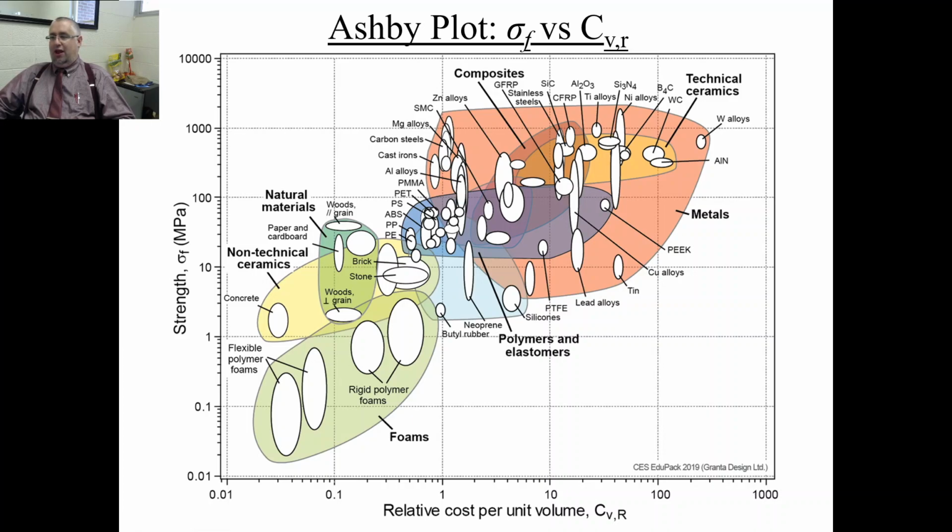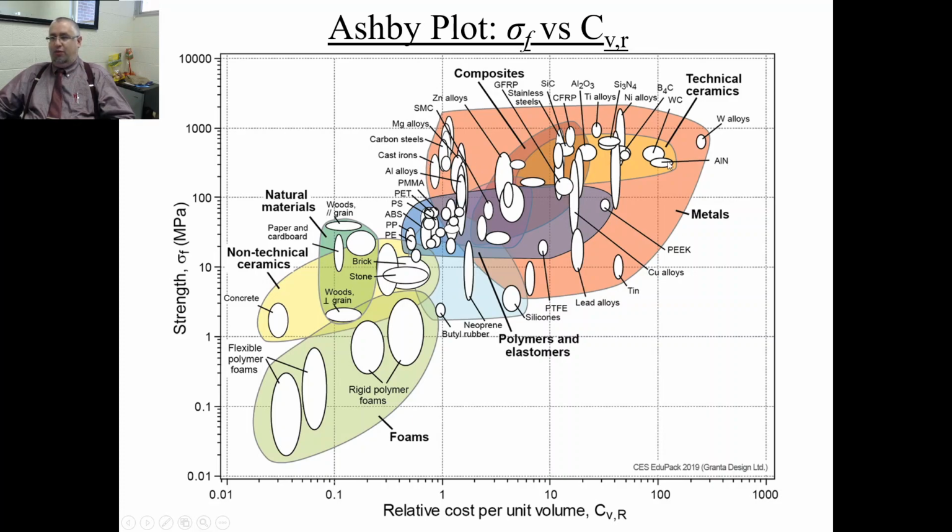But way over here, we've got the tungsten alloys, which are quite expensive in terms of metals. But then if we look all the way back over here, the least expensive metals would be things like aluminum alloys, and then even cheaper are carbon steels and cast iron.